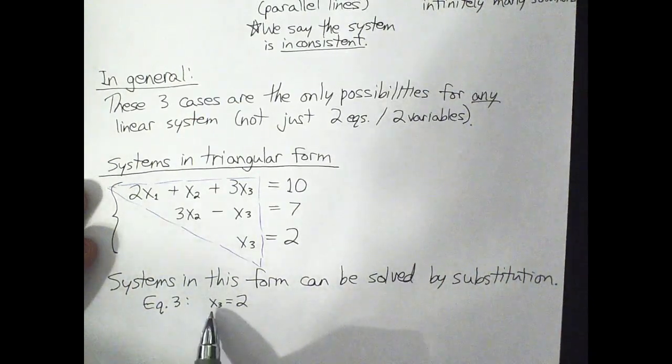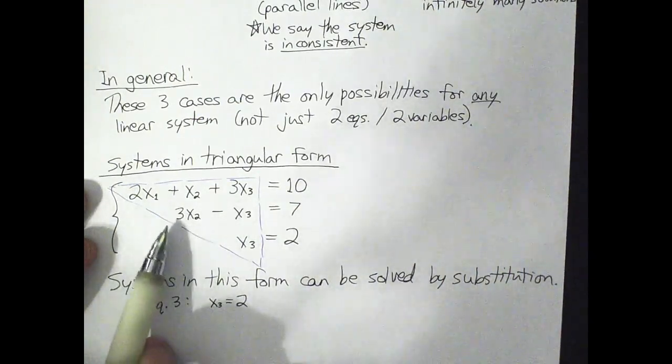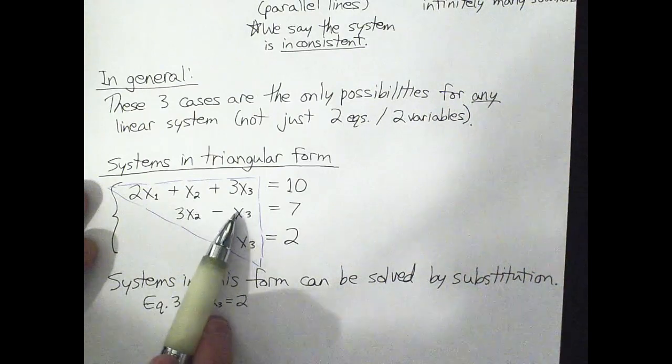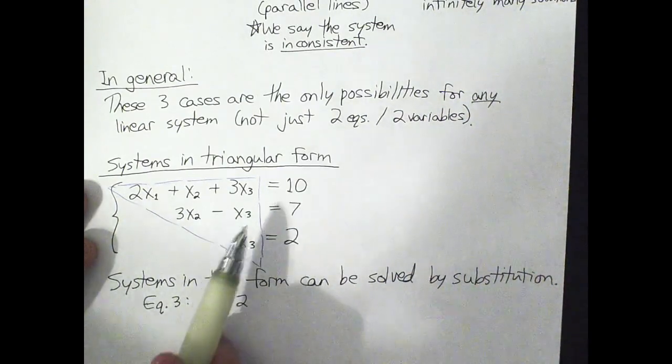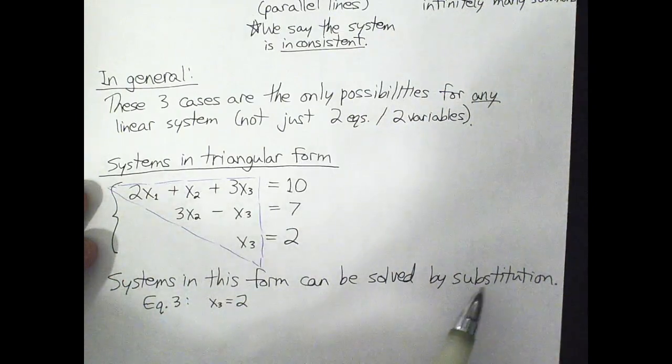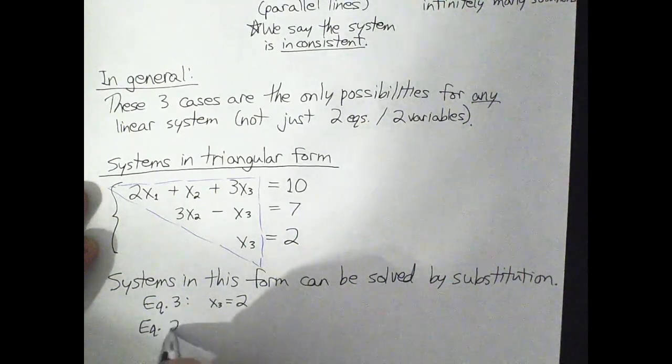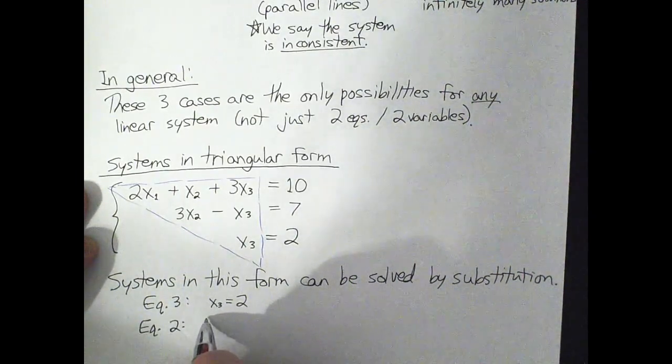Okay, so if we know what x3 is, let's look at the other 2 equations and see which one of them seems more useful. I think the second equation now would be useful because we could just plug in 2. I used the phrase plug in. I guess a more proper term for that is substitute. So I'm going to say in equation 2, I am going to make that substitution.